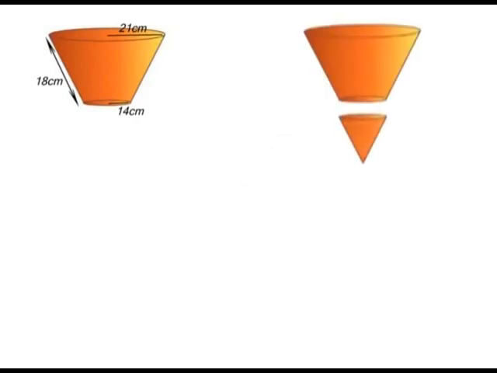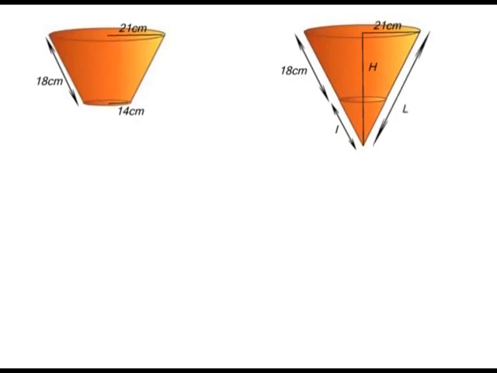Now imagine the original cone. This would be the slant height L. We find the entire slant height L capital. From similarity, R small over R capital is equal to L small over L capital. But then L capital is equal to L plus 18.